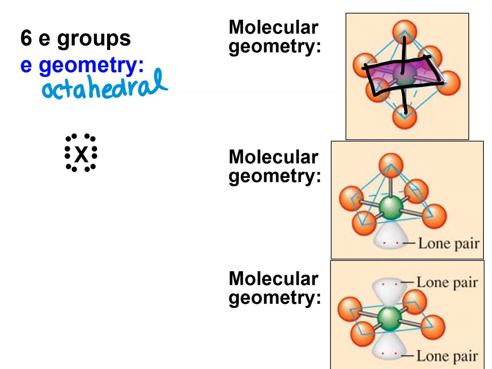The reason that it's called octahedral is if you look at these blue lines, it shows you the geometric shape that it outlines, and that is an 8-sided geometric shape. So if there are atoms on all of those corners, then of course the molecular geometry is also octahedral.